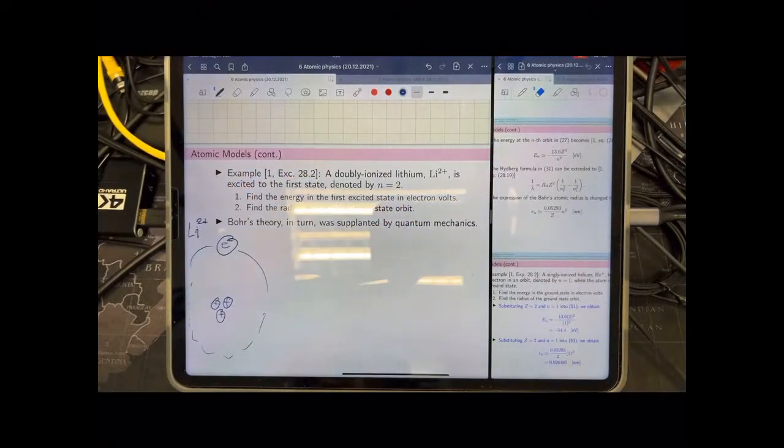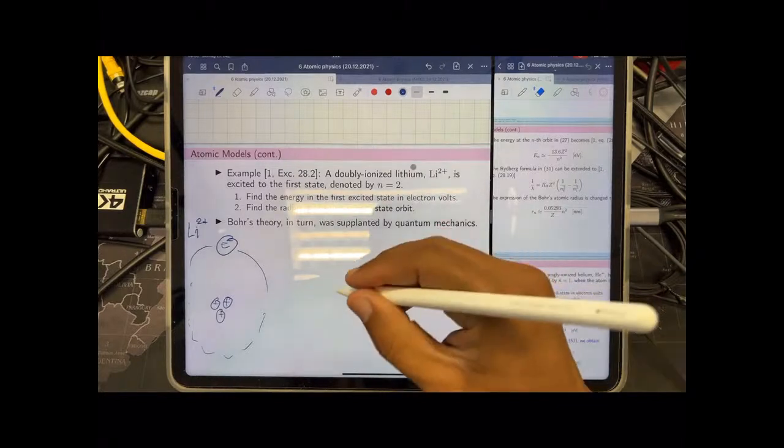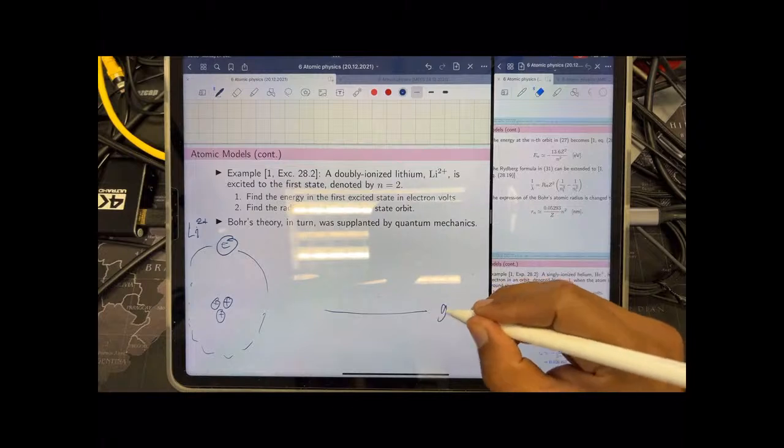As I told you, 2+ means we throw away 2 electrons from the original atom, because the stable lithium would have 3 electrons. What does that mean? The first excited state means this is the ground state.